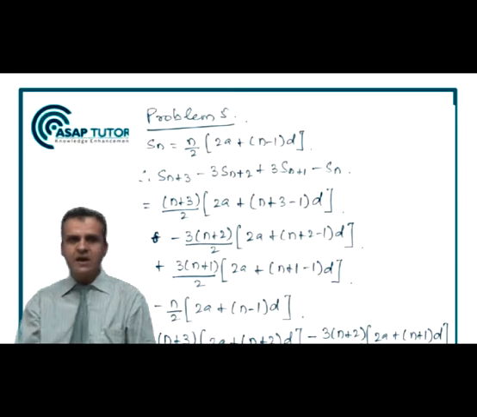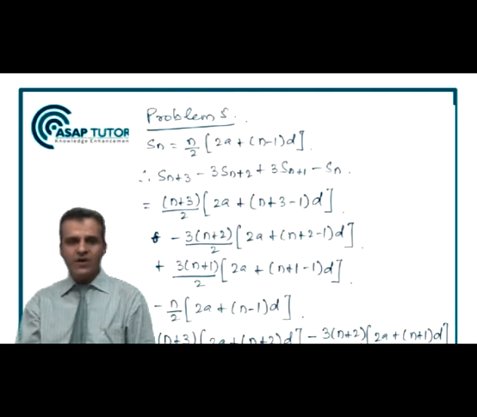So minus 3 into (n plus 2) divided by 2 into (2a plus (n plus 2 minus 1) into d). The third term is 3 times S(n+1). So 3 times (n plus 1) by 2 into (2a plus (n plus 1 minus 1) into d). And similarly the last term is Sn, which will be n by 2 into (2a plus (n minus 1) into d).